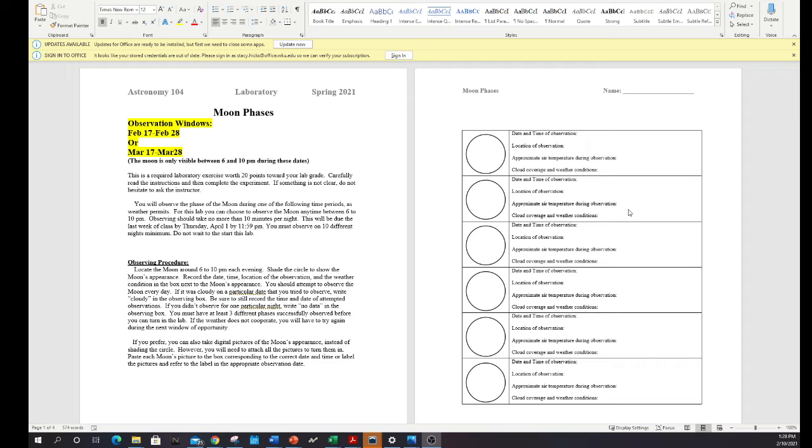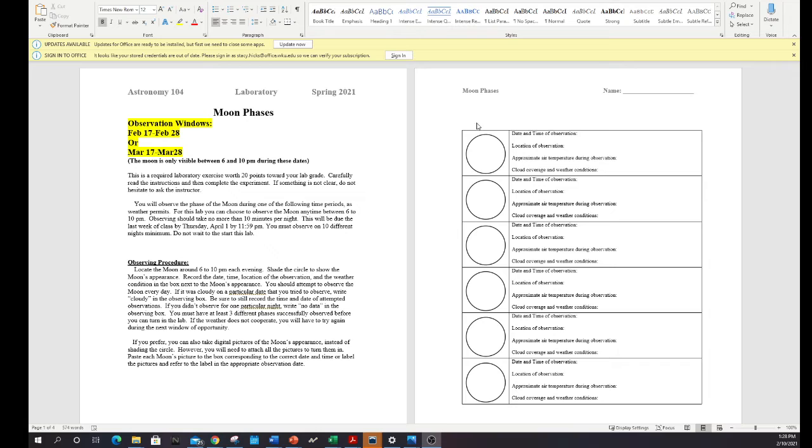And the cloud coverage and weather conditions. Now, for cloud coverage, you can say partly cloudy, mostly clear, or if you want to be really specific, you can list approximately the percentage of sky that is covered by clouds, right?